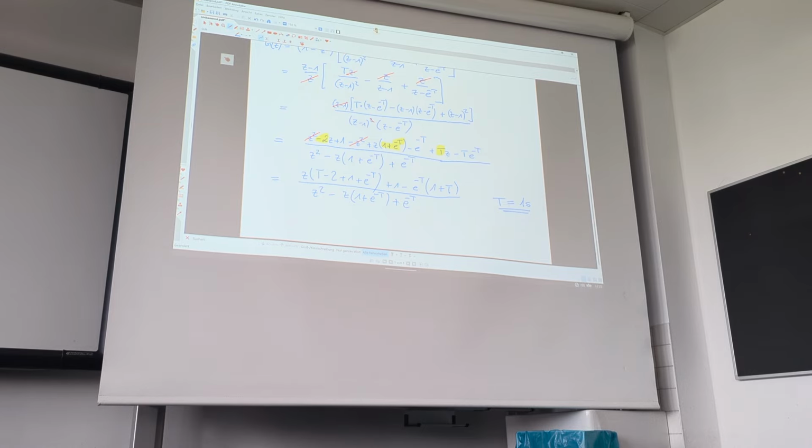And then if we put that into the calculator, we get here 0.37 z plus 0.26 over z squared minus 1.37 plus 0.37.